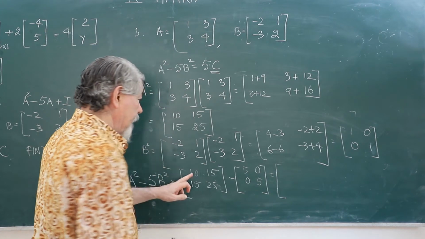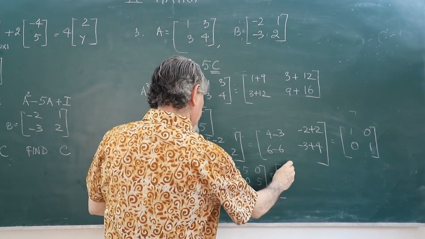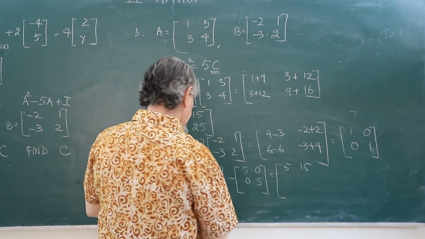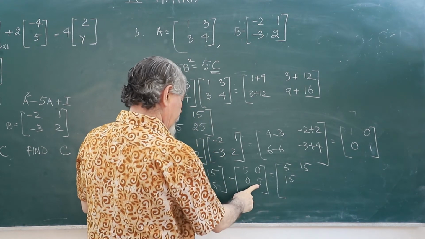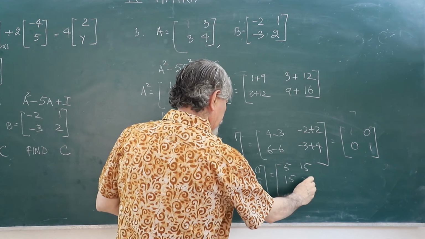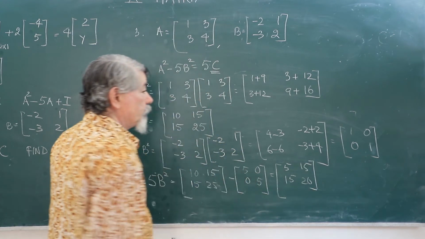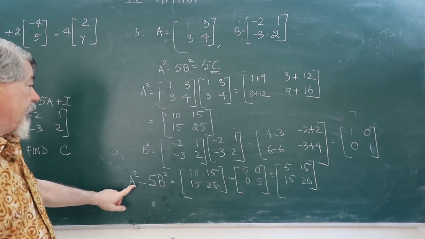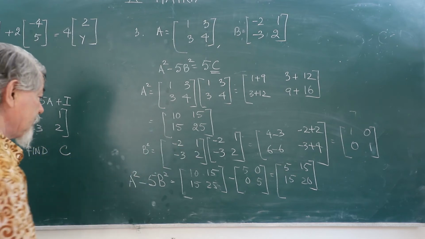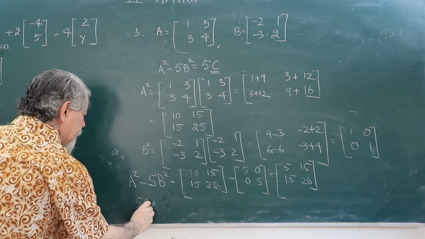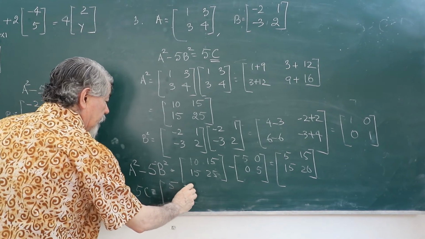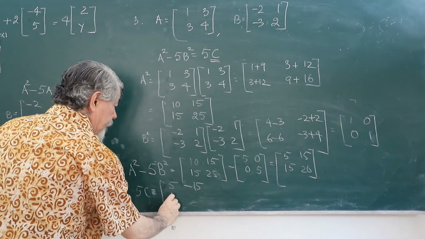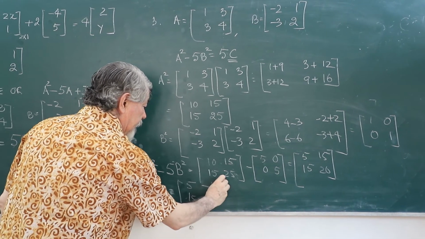It will be 10 minus 5 will be 5, 15 minus 0 will be 15, 15 minus 0, 15, 25 minus 5 will be 20. So you get a square minus 5b square as this, and he says 5c should be equal to this: 5, 15, 15 and 20.